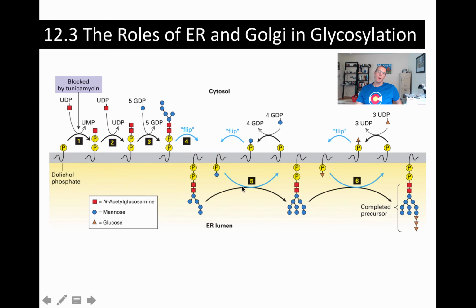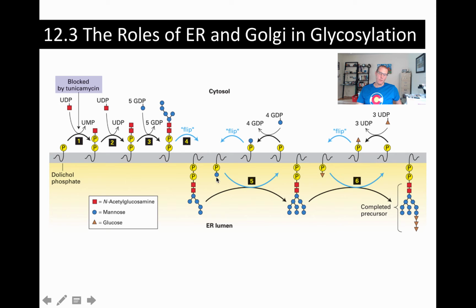From the flipping point, everything happens inside the ER lumen. So this is where you can either think about 2 or 3 steps. Let's just take it as 2 steps to start with and think about how that works in my mind. The second set of steps, or the second part of this process, is that we add, for example, more mannoses to dolichol phosphates on the outside of the membrane. So here we're going to add some mannose to the dolichol phosphate outside the membrane.